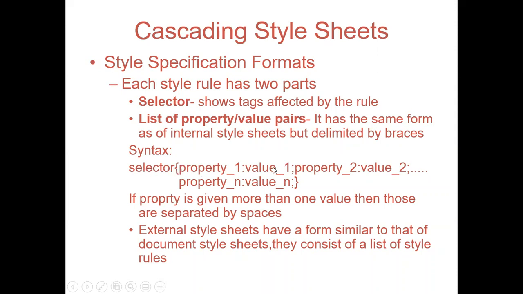The syntax is selector, property, its value, semicolon, again property and value. There are multiple property values which are separated by a semicolon. Each property and its value is separated by a colon. Now, if more selectors are there, then you can use spaces.